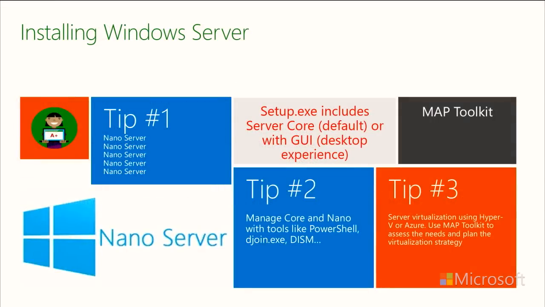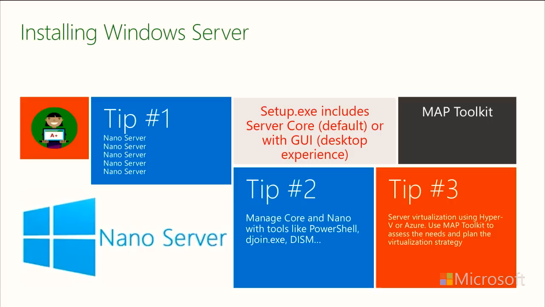And a few tips before we leave. Tip number one, read up on Nano Server. If you haven't seen what Nano Server is, how it can be configured, make sure you understand how it works on the platform. Secondly, tip number two, manage the core. Make sure that you're using the tools that we mentioned, like PowerShell, Domain Join or djoin, DISM, Windows installation database, or any of those tools.